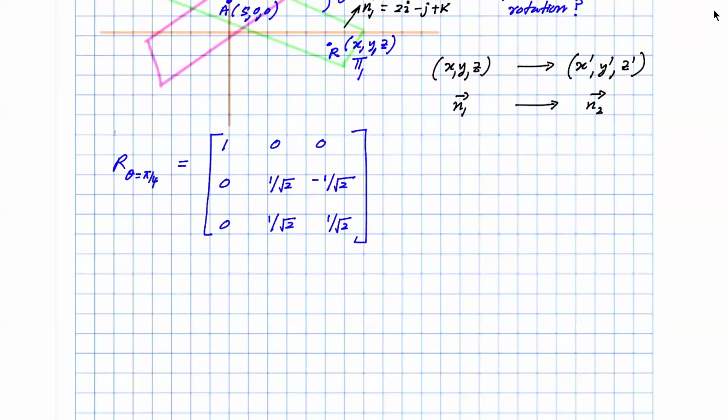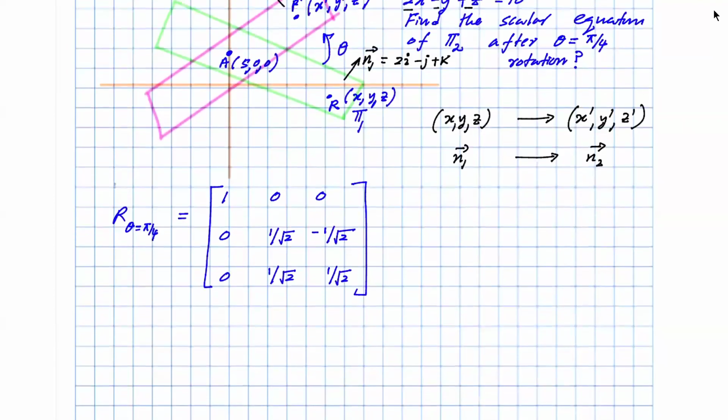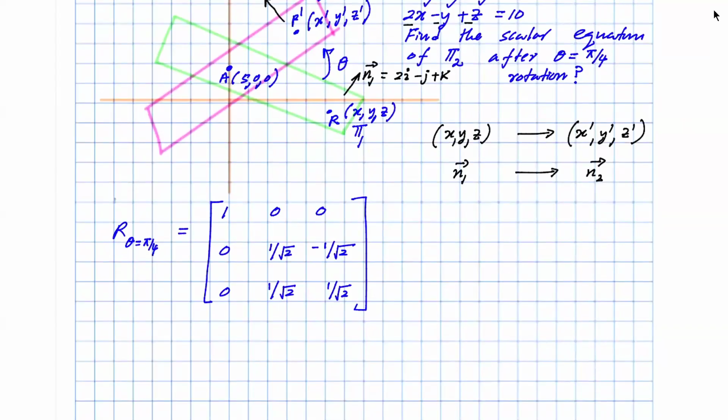Like that. Now that is my R theta, right? So how do you find x prime, y prime, z prime? You multiply this by the R theta matrix. Then you get it. Simple. That's all you do.